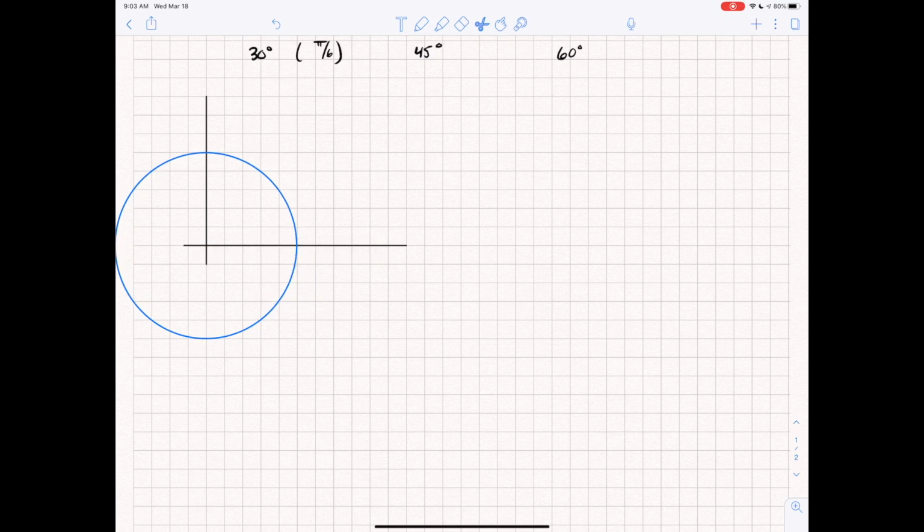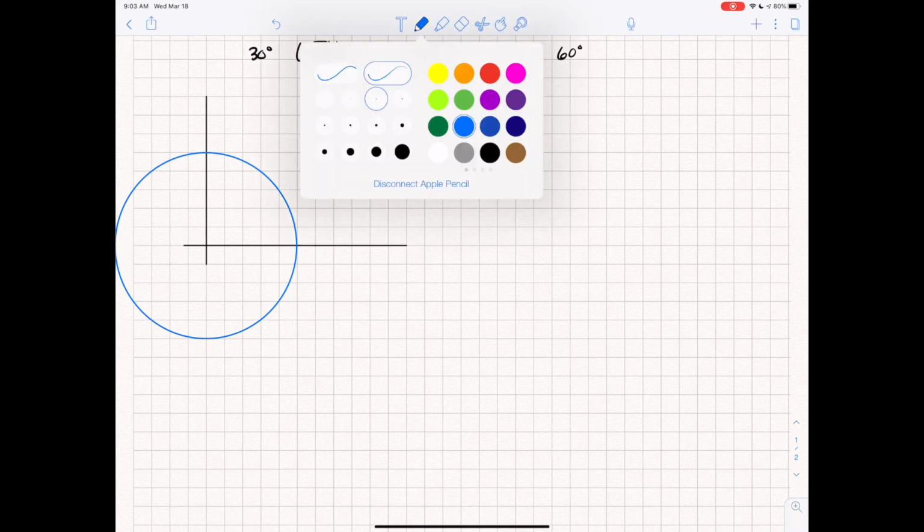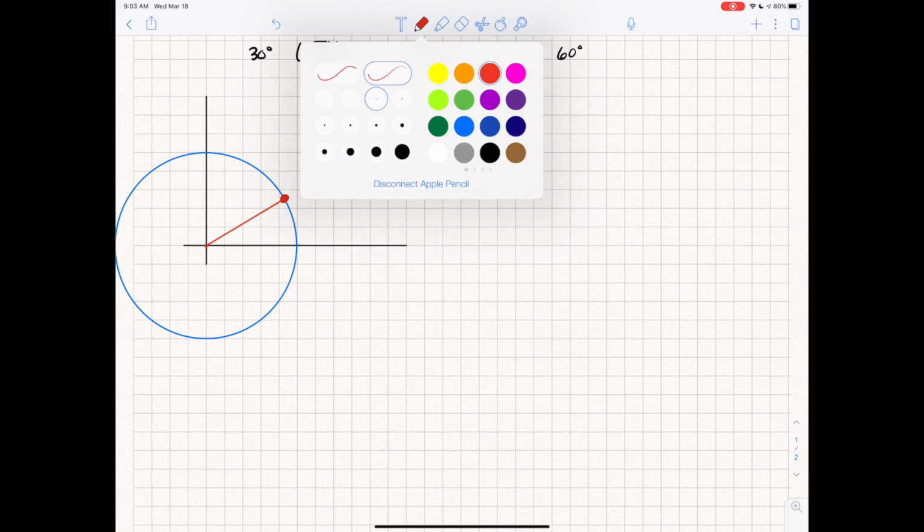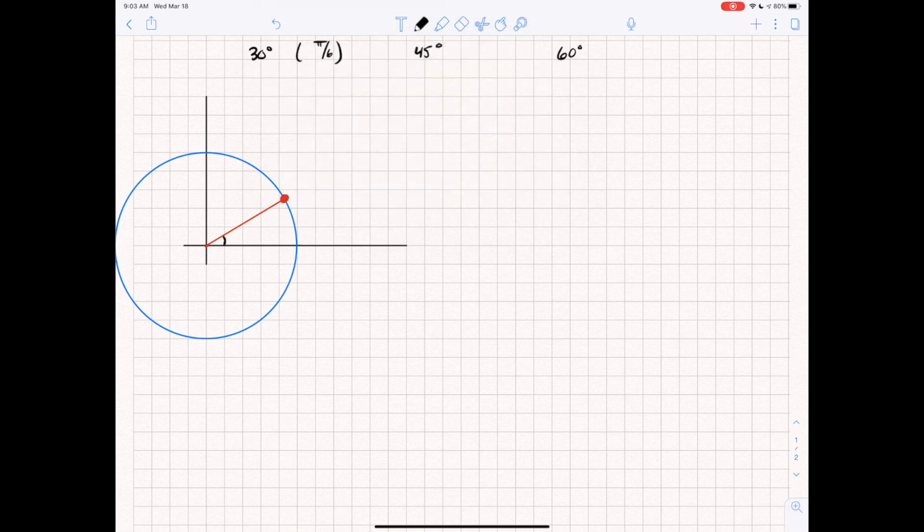I'm only going to focus on the first quadrant, and I'm going to go specifically 30 degrees or pi over 6, so this would be located roughly about right here. Here's my terminal point. And again, I know that this angle is 30 degrees, or AKA pi over 6 in terms of radians.